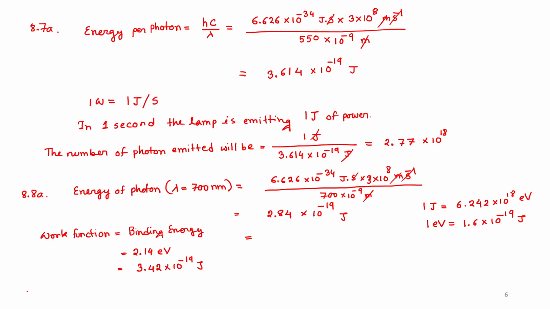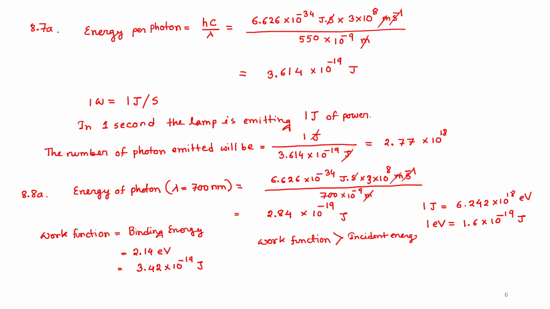So see, here comes the thing I was talking about: can you see that the incident photon has an energy of 2.84 into 10 to the power minus 19 joules, right? But the work function is 3.42 into 10 to the power minus 19. So that means your work function is greater than your incident energy.